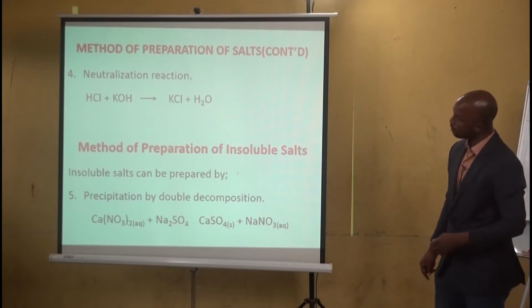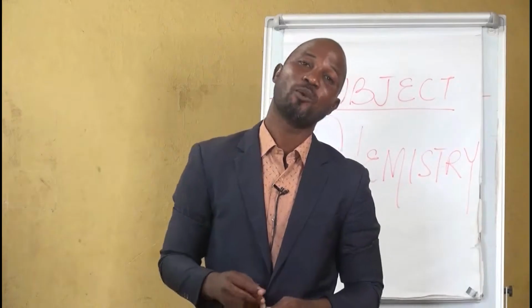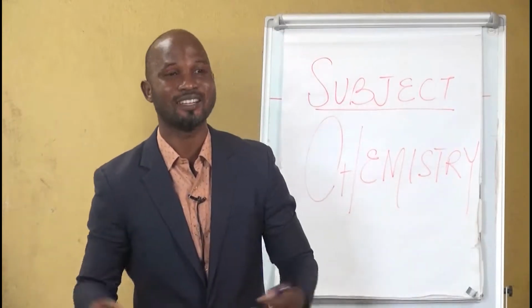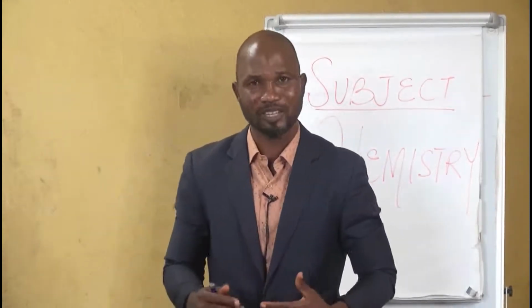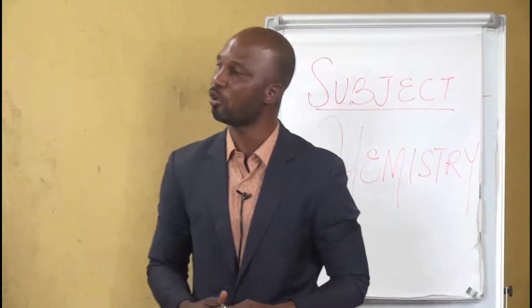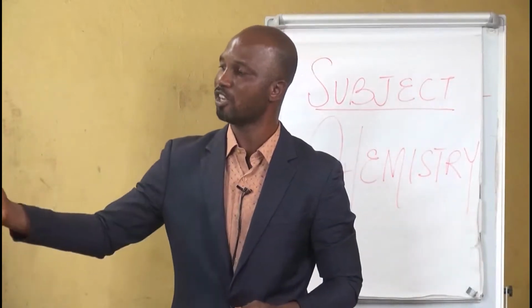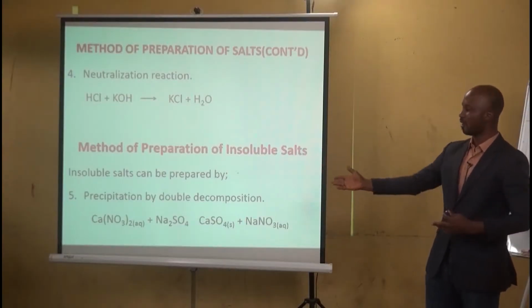Now, when you are preparing your insoluble salt, this is very important when you are carrying out your qualitative analysis. You find out that precipitate will always come out. Now, these precipitates are usually insoluble salts, and these insoluble salts are prepared by precipitation by double decomposition. I give you an example of that.